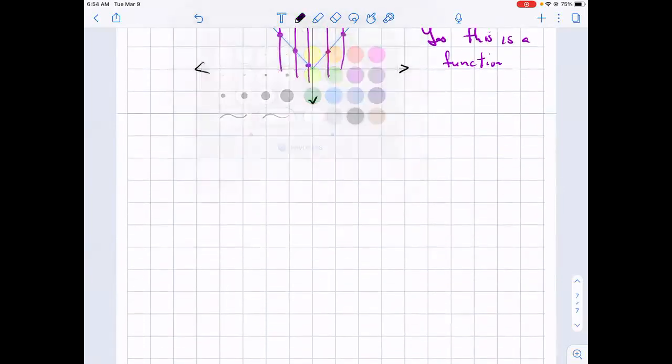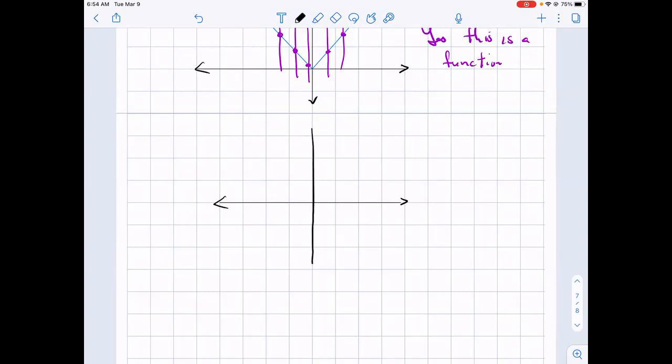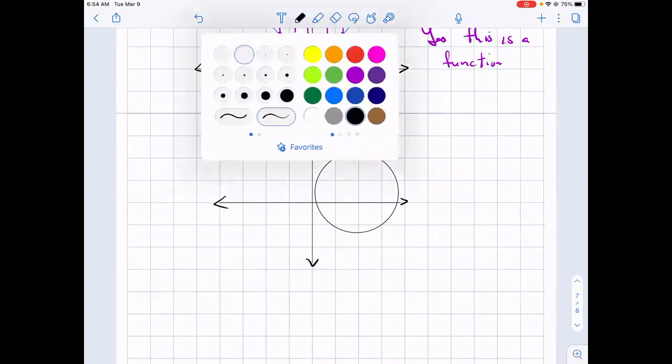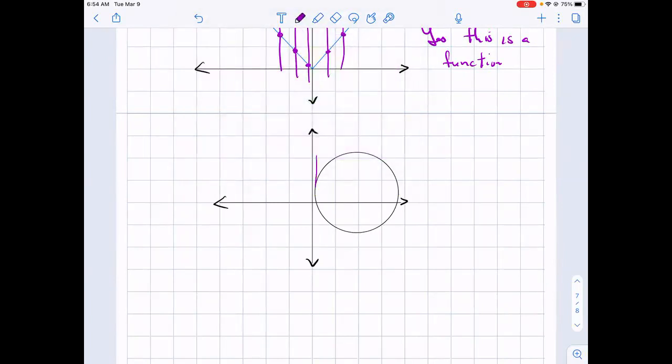You will notice that if I draw a circle and I draw vertical lines, at this point here it only touched once.